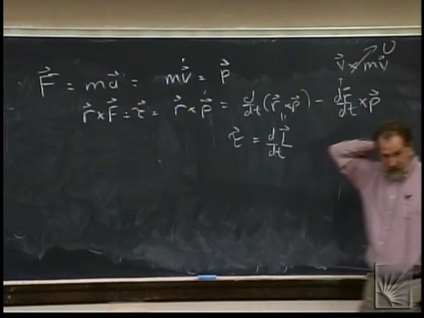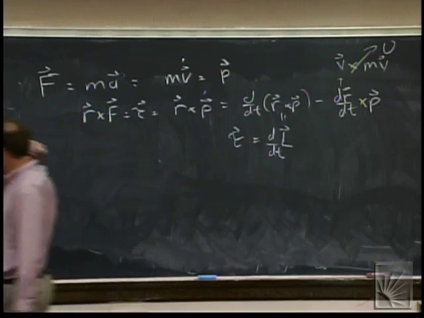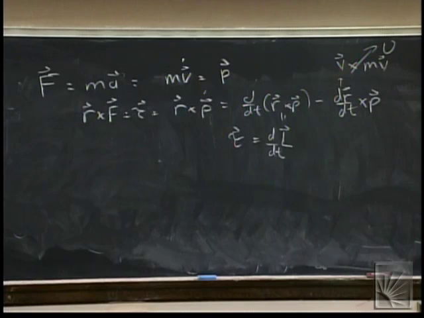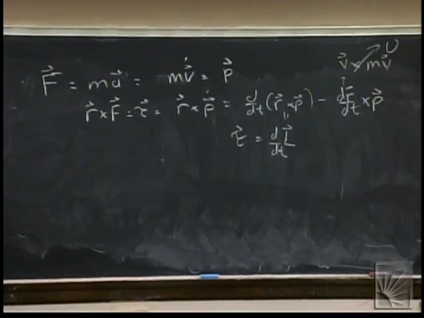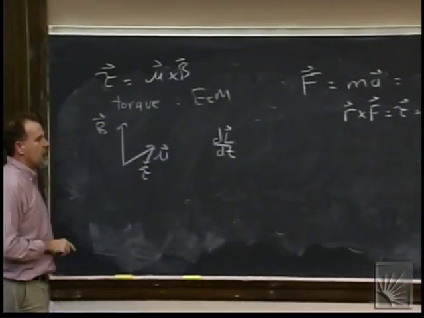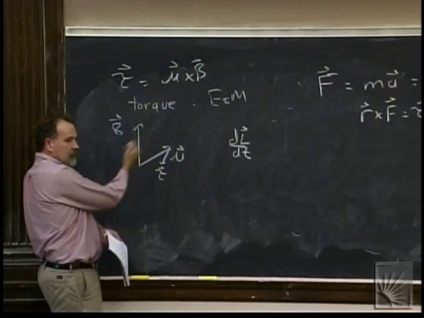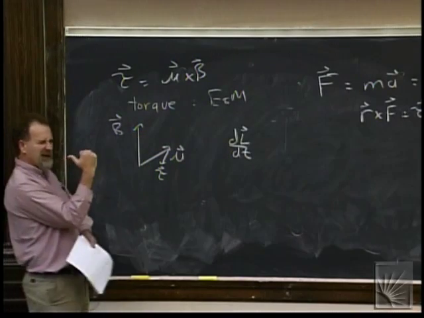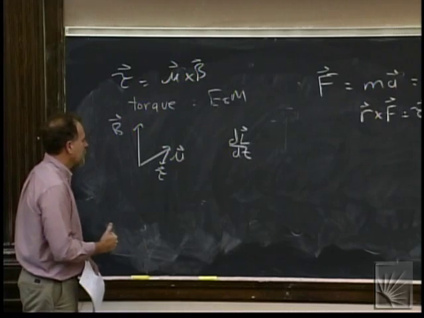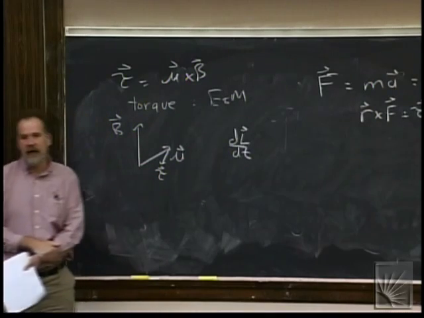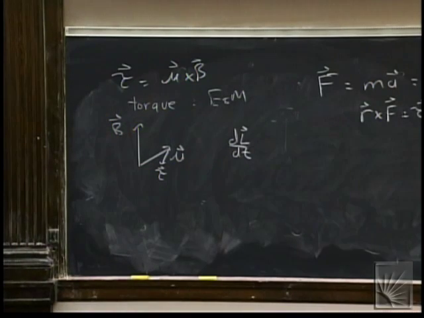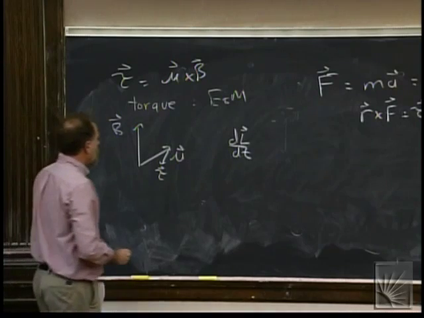I'm just repeating something you learned but may have forgotten. Okay? So then what I have is dL/dt, which is the torque, so the torque changes the angular momentum. Torque is this funnily defined thing where I take mu cross B. It's not obvious what's the physical meaning of the torque, at least in terms of its direction. And the answer is, well, that's the direction the angular momentum is going to get a change in.